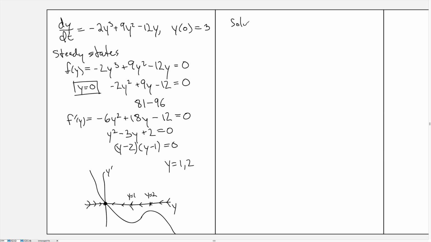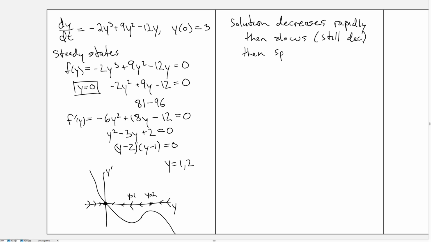The solution decreases rapidly at first, then slows, still decreasing, then speeds up again, still decreasing, and finally slows as it approaches y equals 0. Okay, so that's the word description, what we see here.